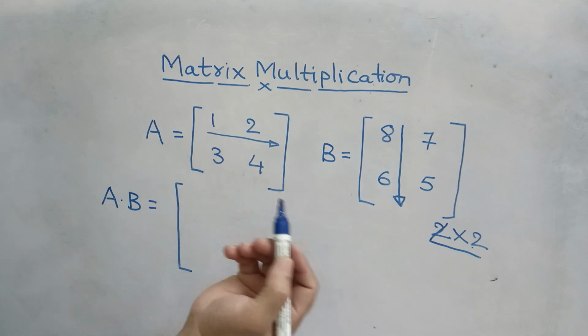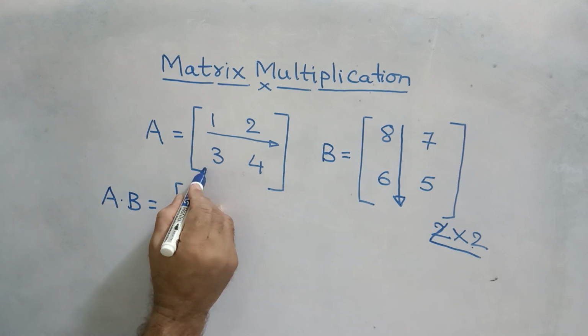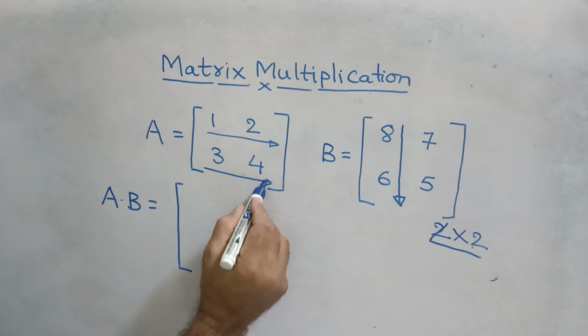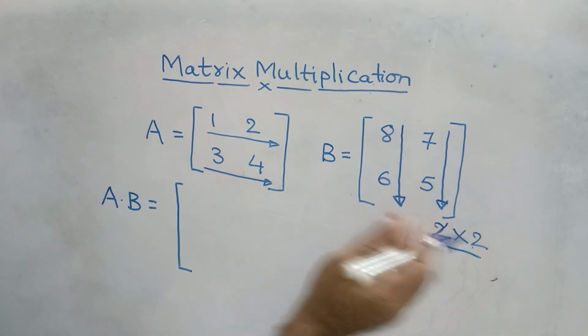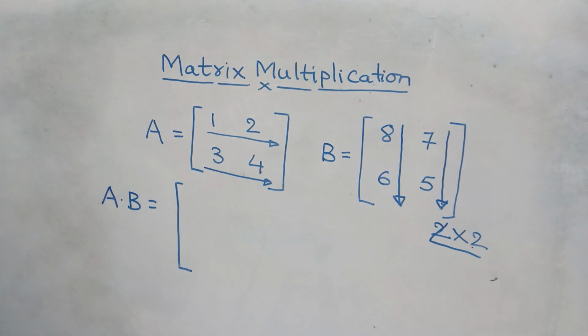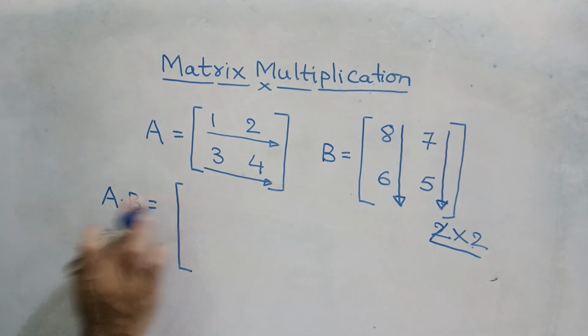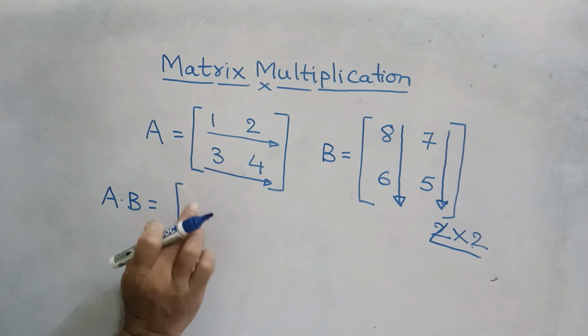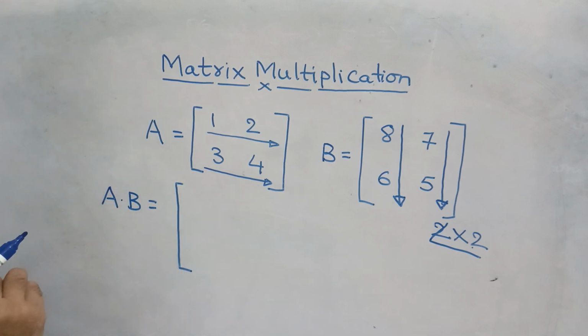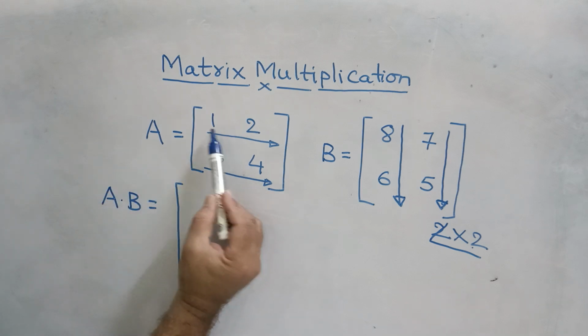That is the first step. In the second step, consider the second row of the first matrix and the second column in the second matrix, nothing but B. Now what we have to do, the first element in the product. This is the product I am going to perform now. How can the first element be obtained? Very simple. Let us see.